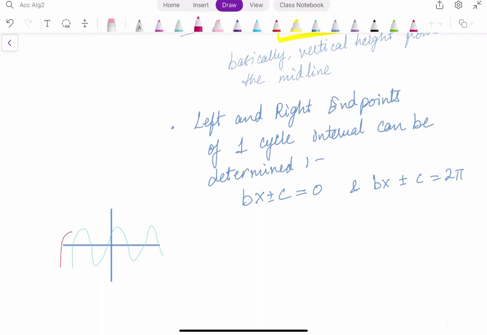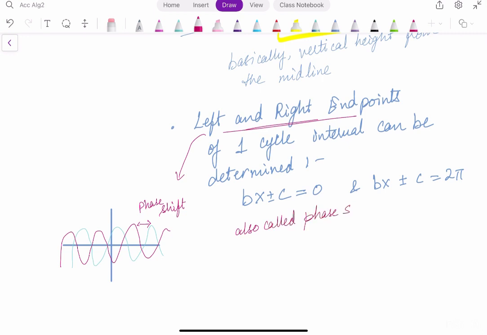Let's say this is the original curve and we have another curve right here. So when we are talking about the phase shift, they are talking about what is the distance between the two curves. That is called a phase shift. So be careful with these words.